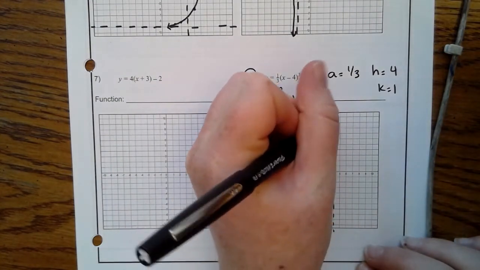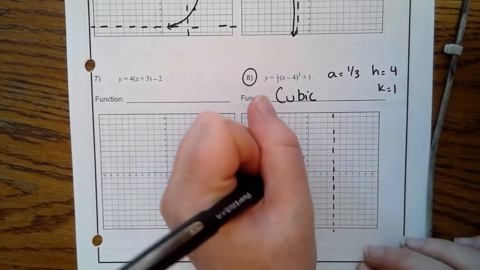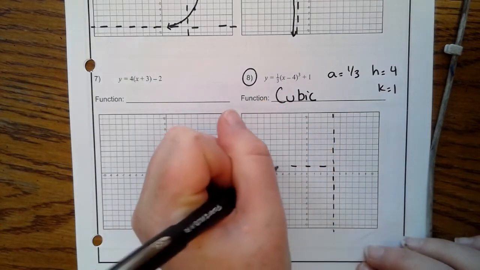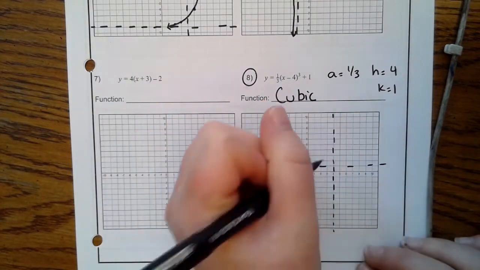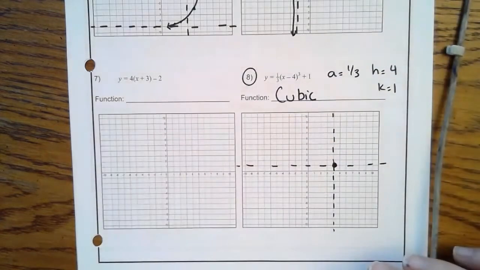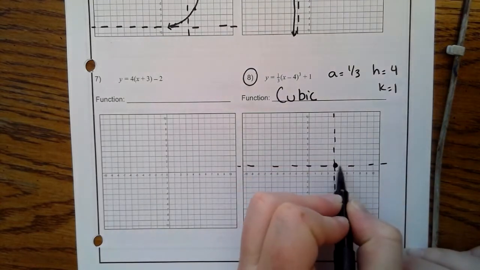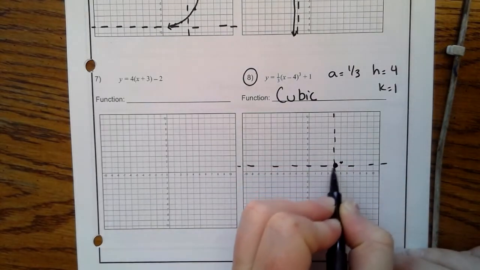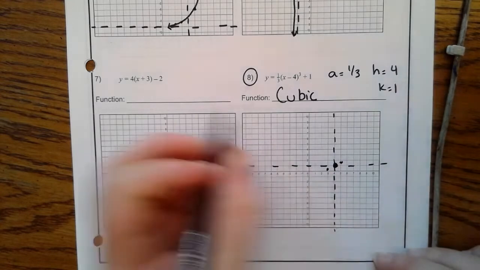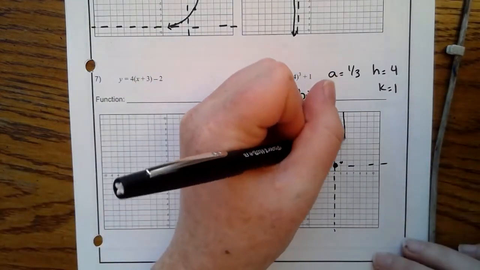When I say draw in HK, it's just these dashed lines. So this is my center. So I go to the right one, up my A value. So up a third. So like a third's like there. Left one, down my A value. So it's going to snake like this.